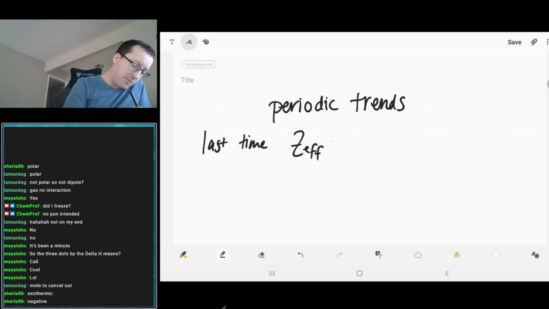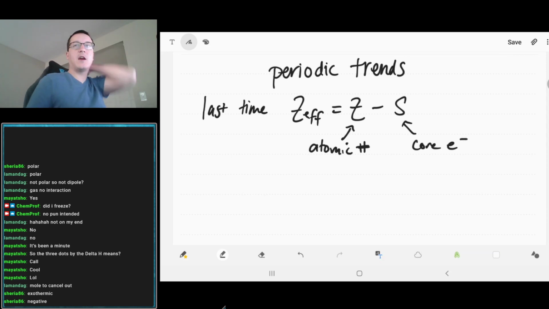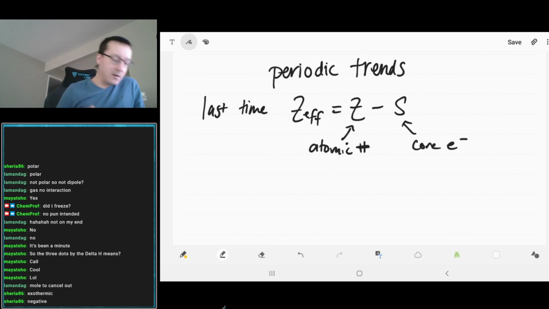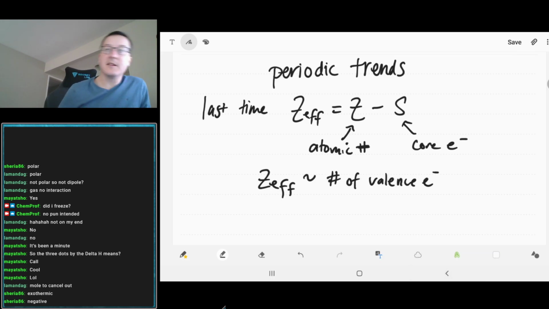So, last time we were talking about effective nuclear charge. And we saw that we could estimate it by using the atomic number and the core electrons. This tells us that the effective nuclear charge is roughly the same as the number of valence electrons.